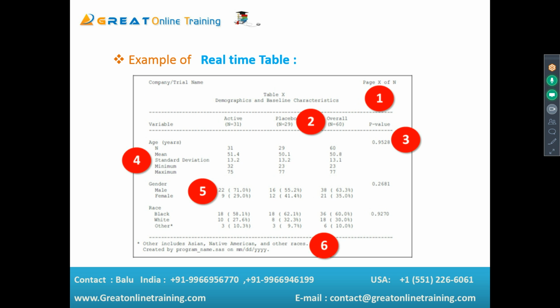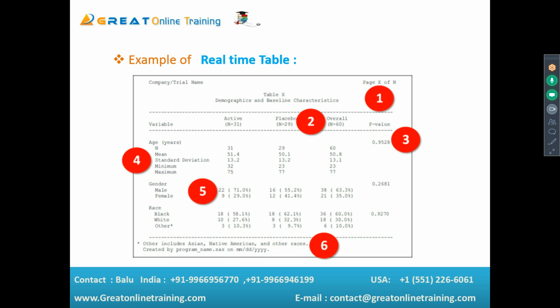Based on that, there are 22 females among the active drug taking people. And here you can see the placebo, 29 members. Out of that, 16 are male and 12 are female or something like that. Maybe some values are missing.